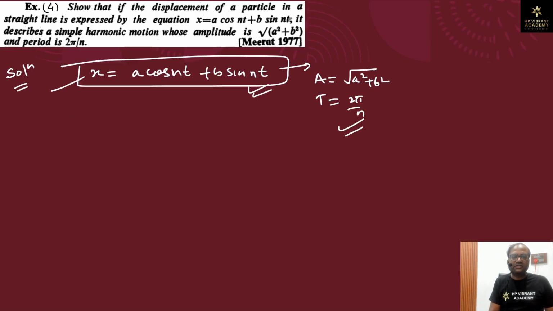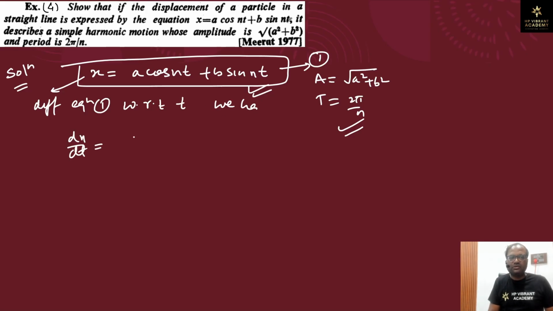So let us differentiate this with respect to t. This is equation 1. Differentiating equation 1 with respect to t, we have dx/dt equal to minus an sin nt plus bn cos nt. Let us differentiate once again.